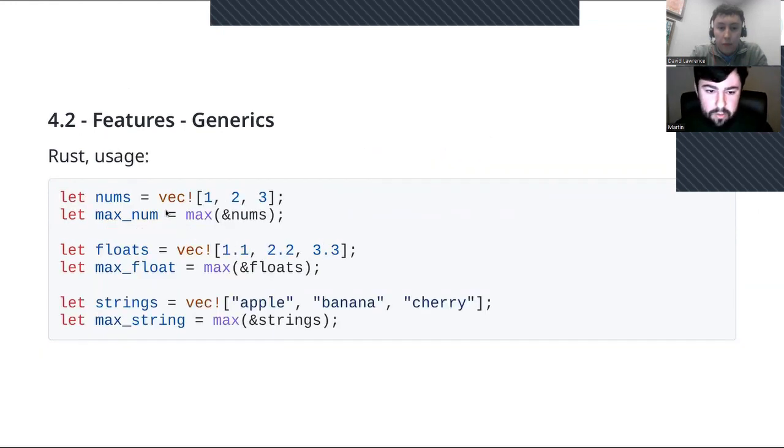So, for example, when I use max with a vector of integer, it will create one version of max for integers, and it will compile that into its own native set of instructions. So it will know if I'm calling max with a set of integers, I can jump to that specific function. And because there are multiple phases inside the compiler, it can optimize each one of those functions individually.